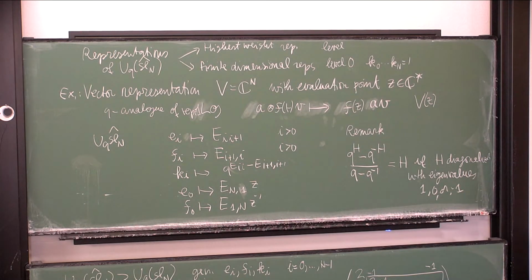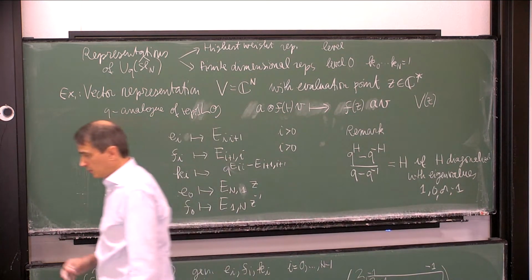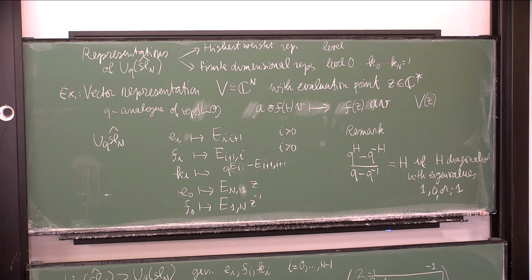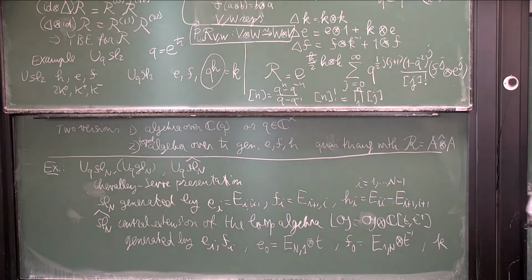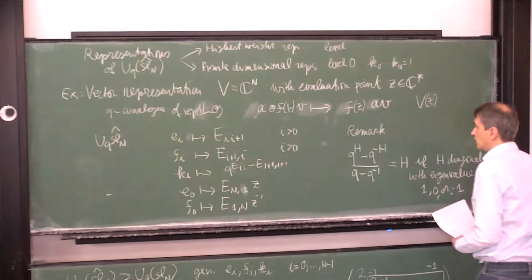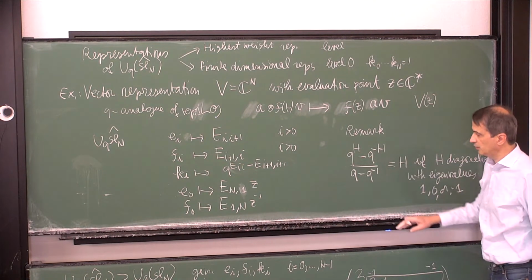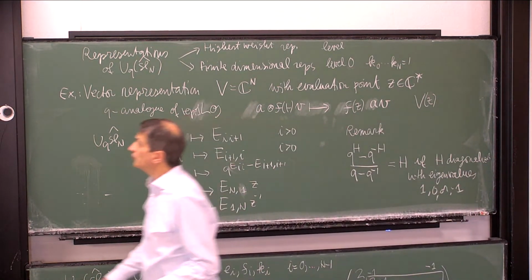So it doesn't really matter that you quantize as long as you have this vector representation. But it doesn't mean that the theory is the same as the classical case, because by taking tensor products you can generate new representations for which you have a non-trivial action of this right-hand side.